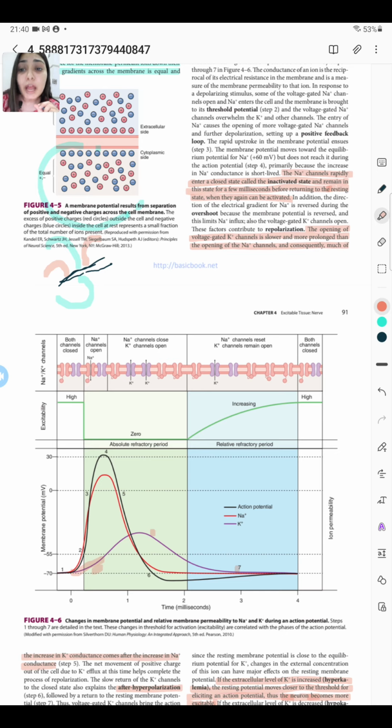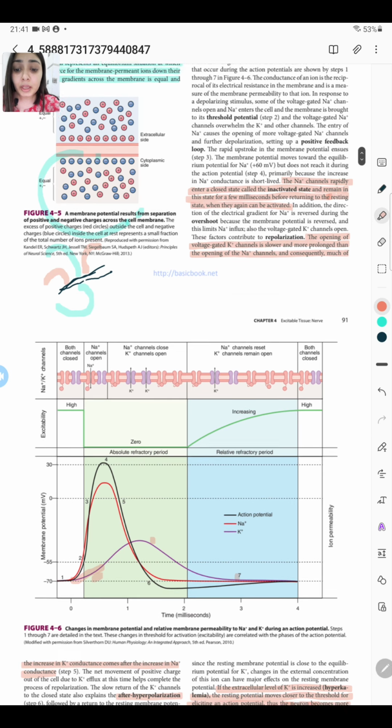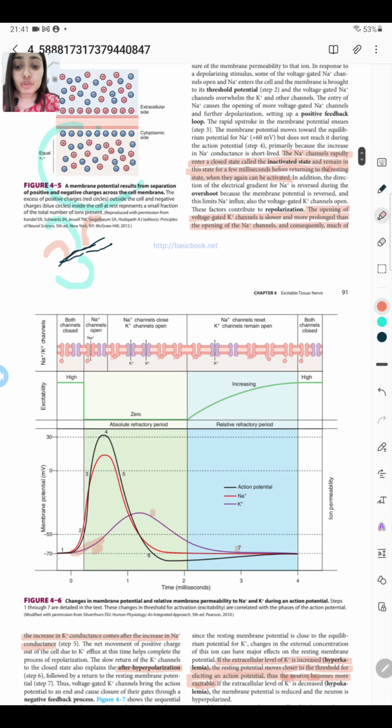Threshold potential is that potential above which an action potential is generated. It is the minimum potential difference required for the generation of an action potential. You can see here that this is the resting membrane potential of a nerve, minus 70.